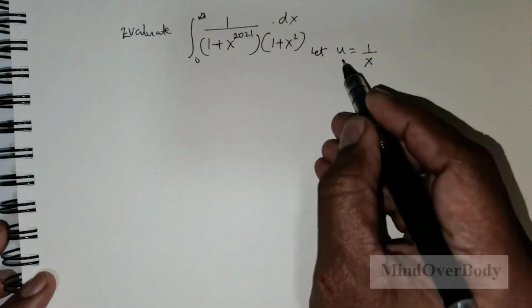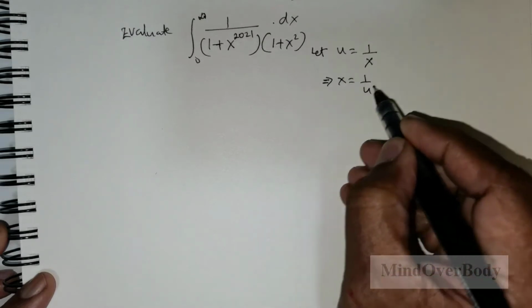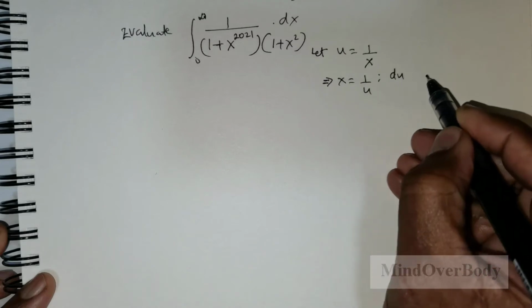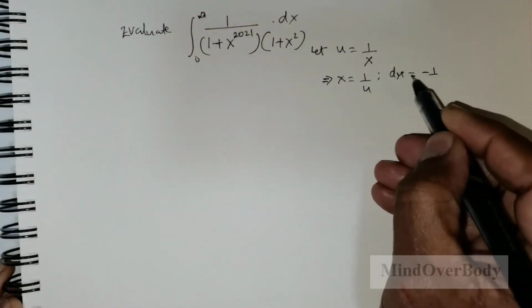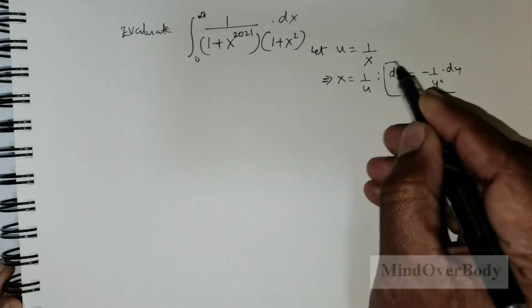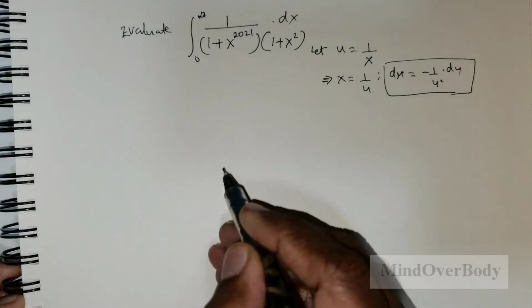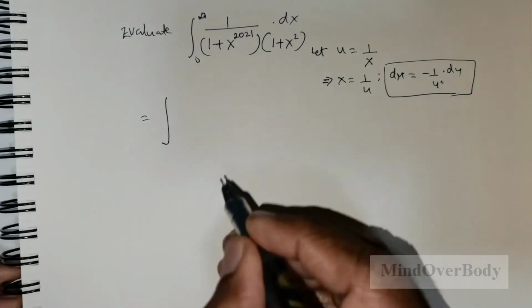Now, this means x is equal to 1 over u, and differentiating we get dx equal to negative 1 over u squared times du. So we would be using the following substitution. This is equal to the integral, I'm not touching the limits.